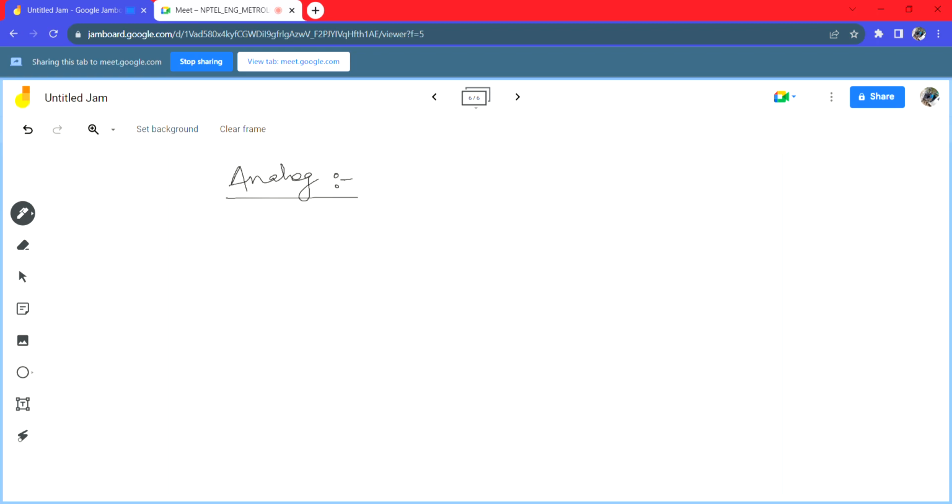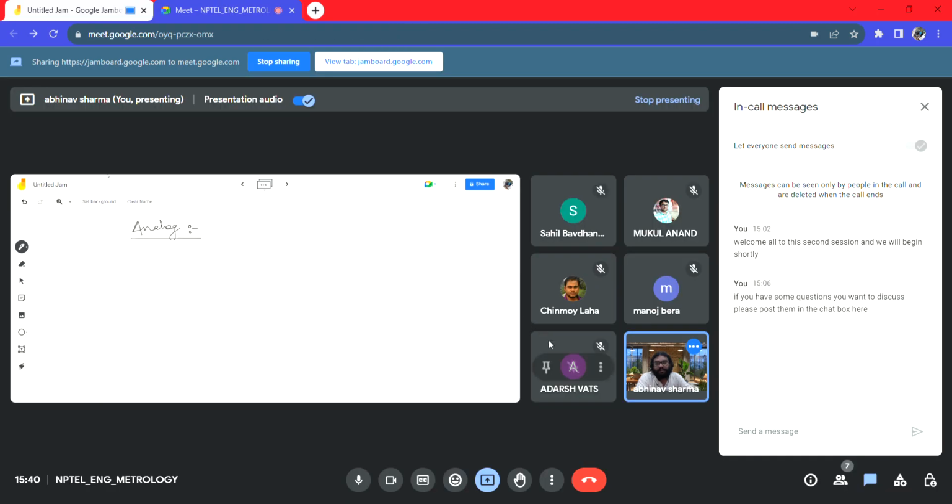Which has a pointer. Okay, that has a pointer. Anybody else? If you have some answers? Maybe they're deflection type. Okay, the deflection type.